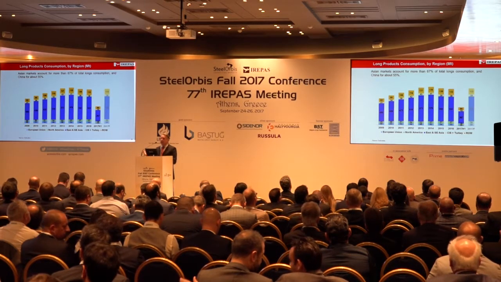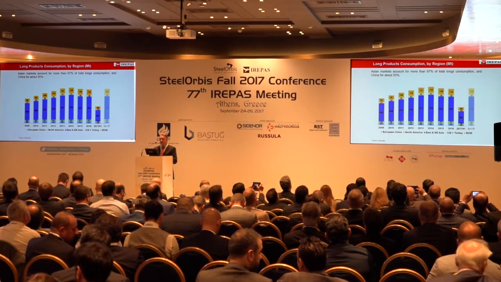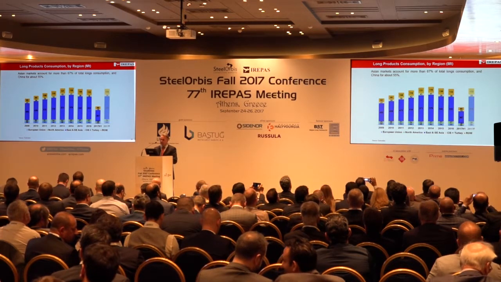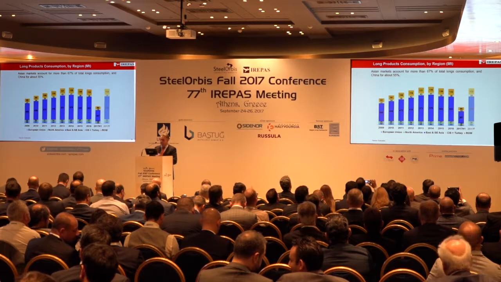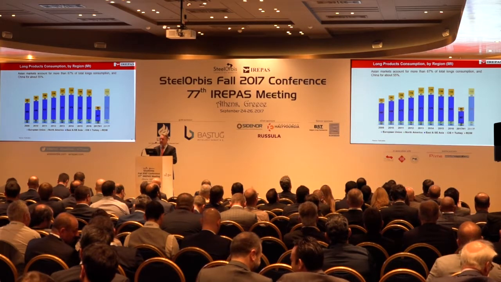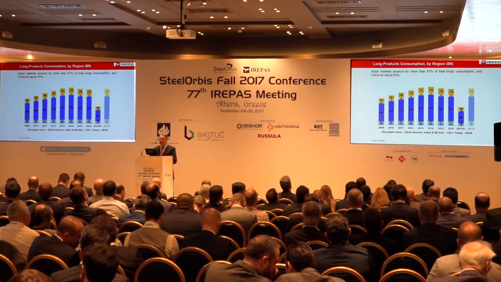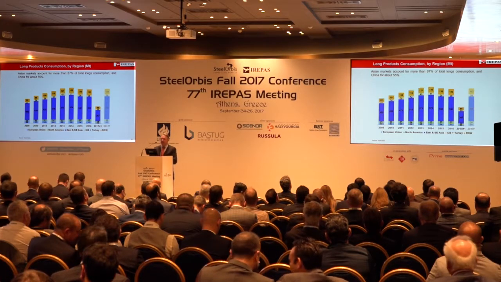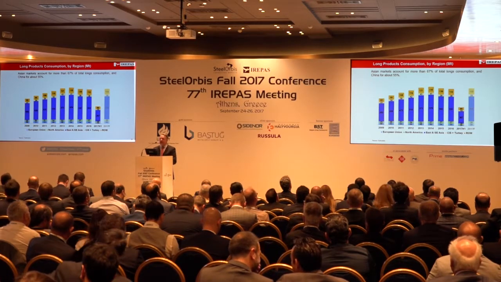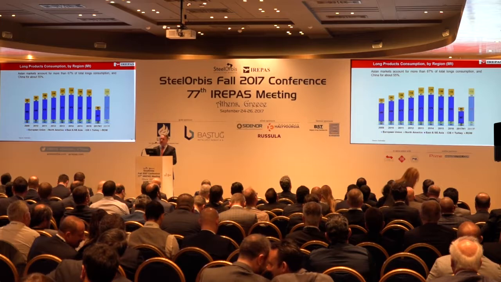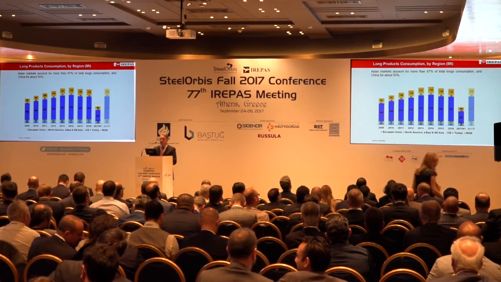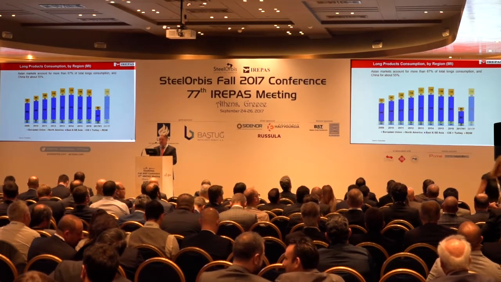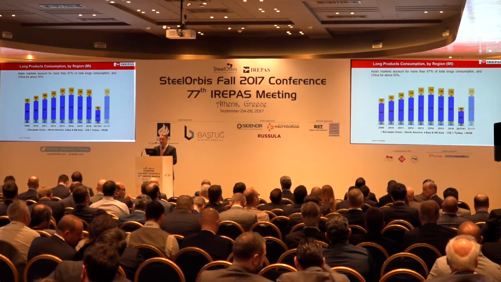So for this year, we can expect the figures that you have on the screen. I will focus on China because this for me is very important. The consumption of long products in East and Southeast Asia, not only in China, from our point of view, will be close to 540 million tons, a small recovery compared to last year.